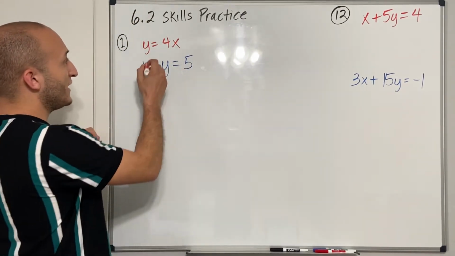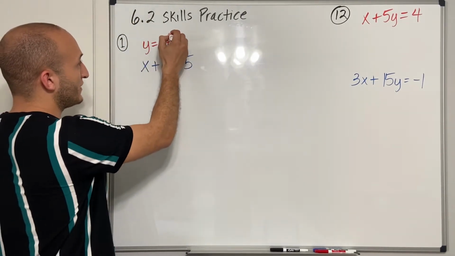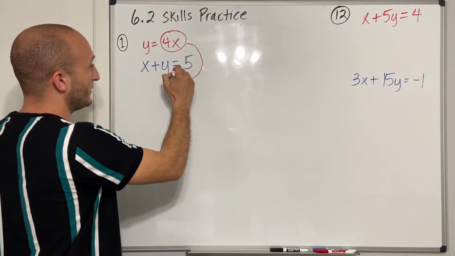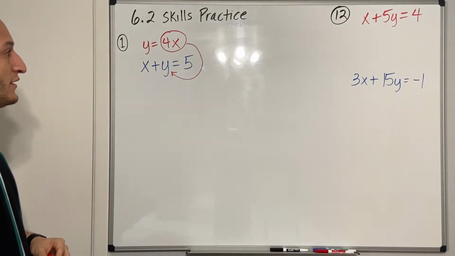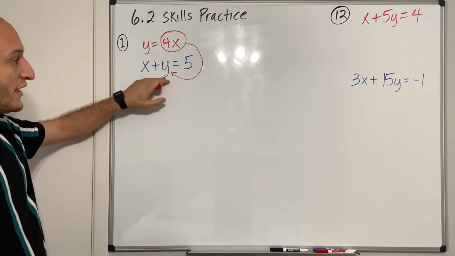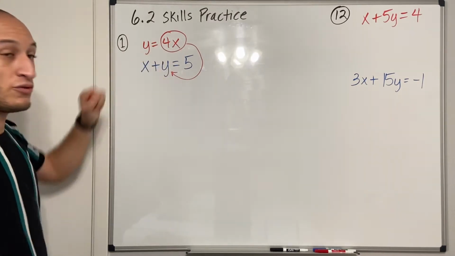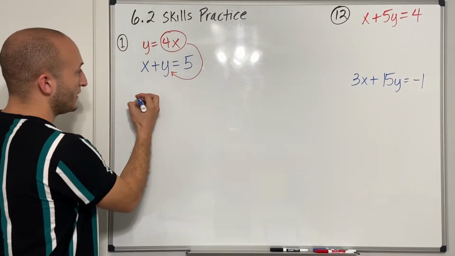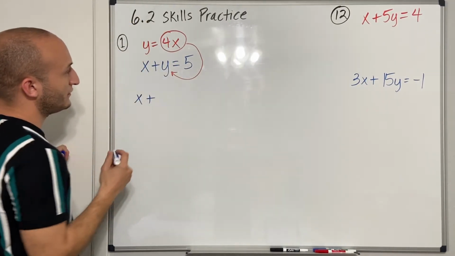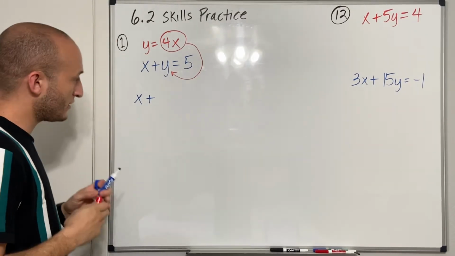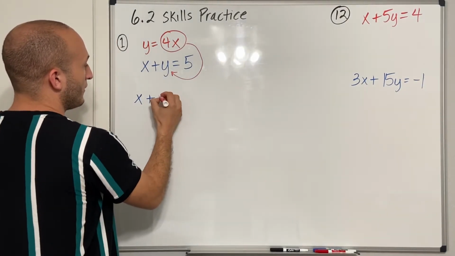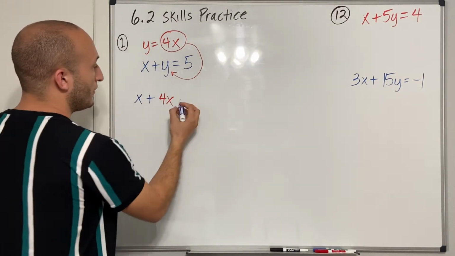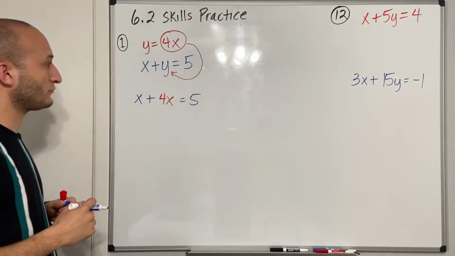So what I'm gonna do is, instead of writing y here, I'm gonna say 4x, and that 4x is gonna be plugged in for that y, okay? So instead of writing y, I'm gonna write 4x because I know 4x equals y. So when I rewrite that out here, I'm gonna say x plus, and it's not y anymore, it's gonna be 4x equals 5, okay?